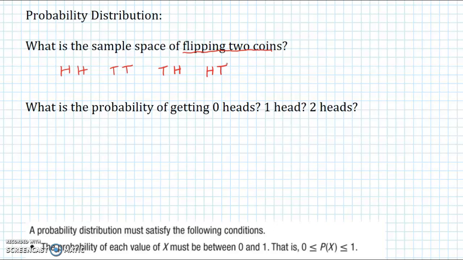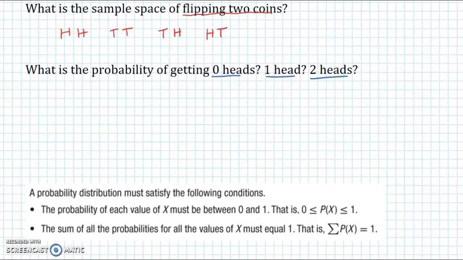Depending on the description of your situation, tail, head, and head, tail could be 2 different things, but since we're dealing with 2 totally different coins, I'm going to count them as 2 different things. So then what's the probability of getting 0 heads, 1 head, or 2 heads? So when we're talking about this, your variable x is the probability of getting a head.